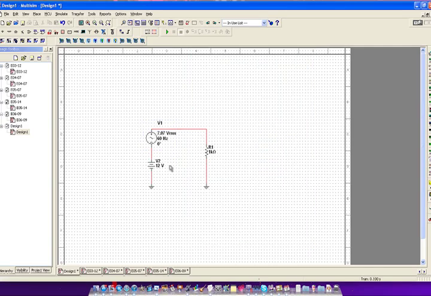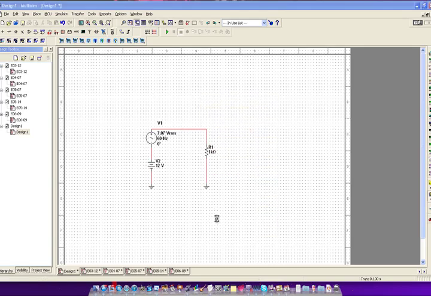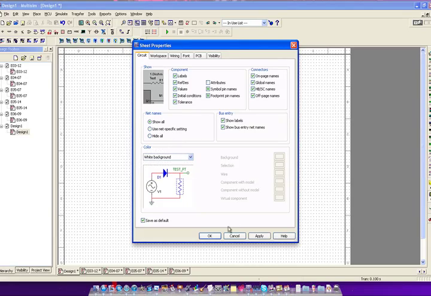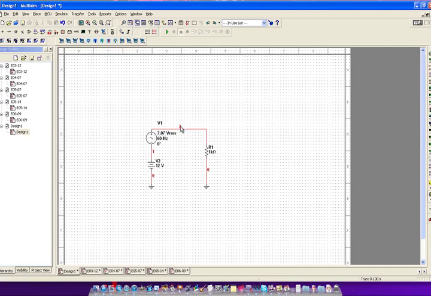Now to get the graph done for us, we're going to use something called transient analysis. So first I want to show some points here. We want to get the voltage across R1. It's going to be the voltage at node 2 minus the voltage at node 0.